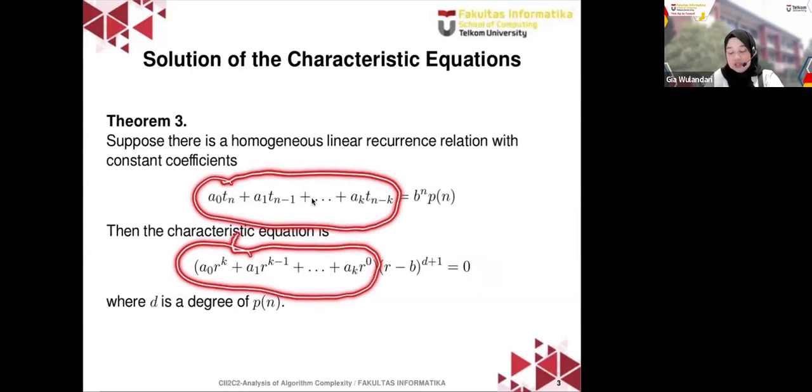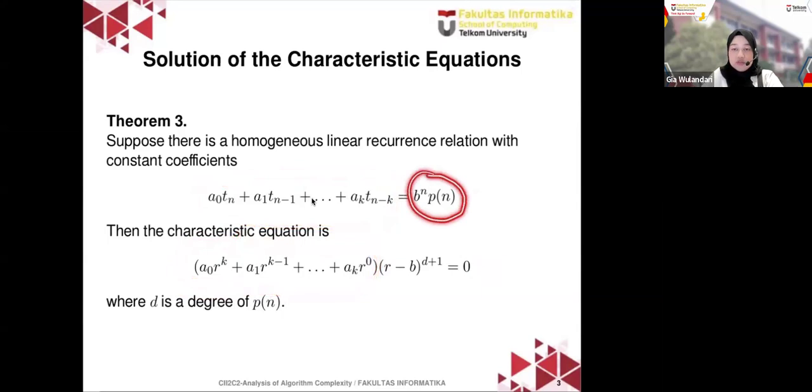If it is non-homogeneous, then the right-hand side should be able to be written like this: something to the n, and then times some polynomial. The power we have here becomes r minus b, and the degree of the polynomial, meaning the highest degree in the polynomial, becomes d. So we will have a new factor for r, which is this.